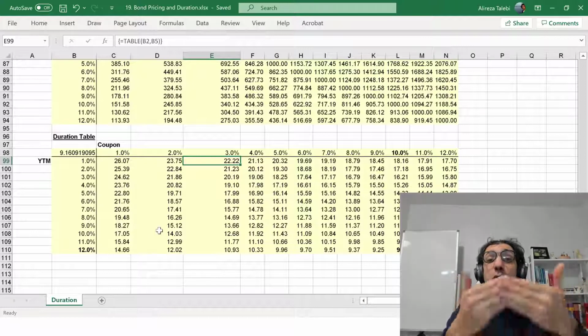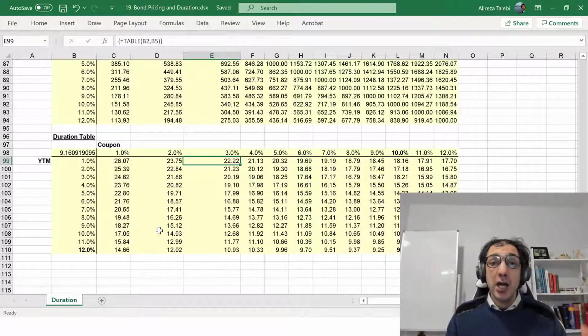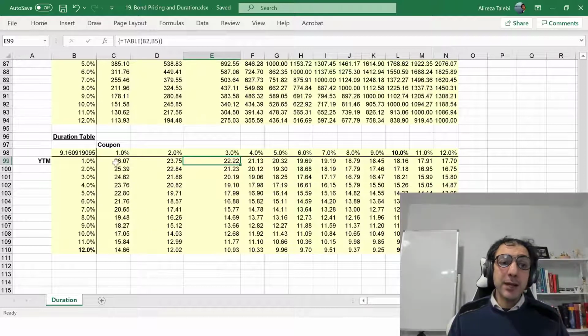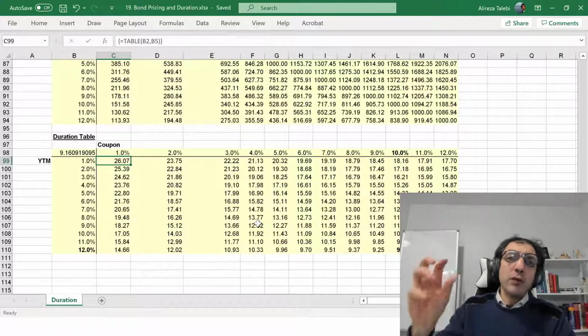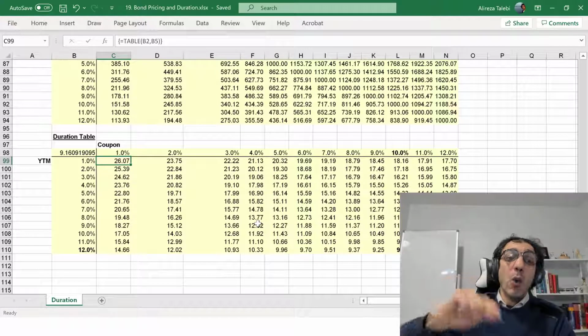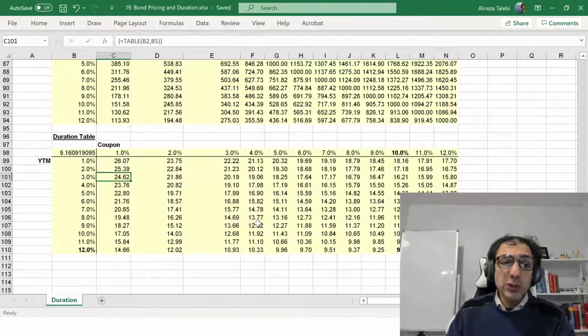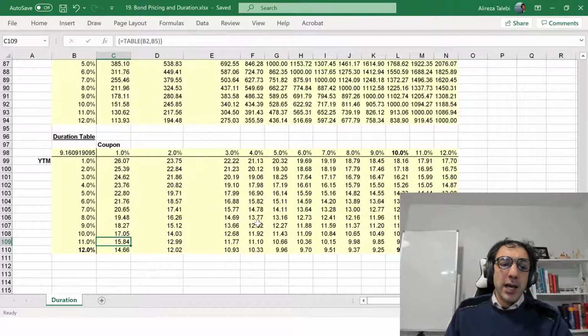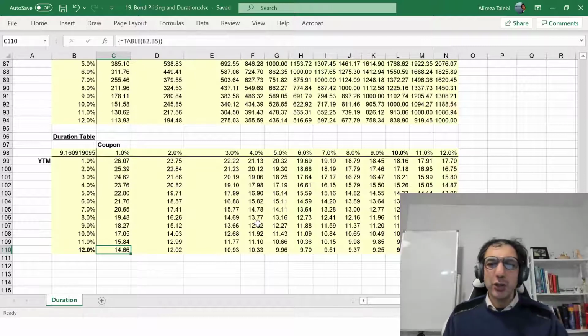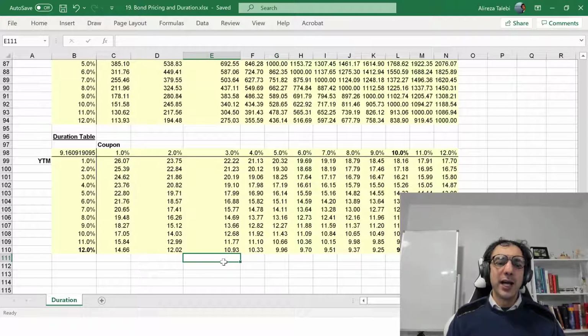Higher coupon rate means you will get a higher amount of coupon payment. But when it comes to YTM, you will see we have almost the same scenario. For example, for the 1% coupon rate, when the YTM is going up, the duration is also going down. That's the impact of the YTM on the duration. So you can play with these numbers and you can see what's the implication on the duration.